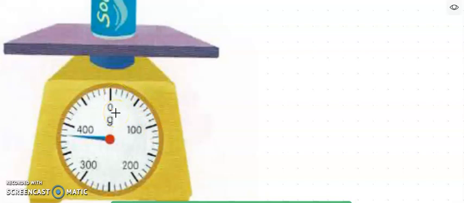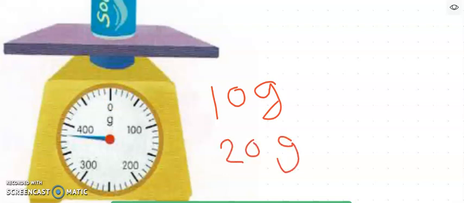Okay, so as we go from 0 to this small interval, we get 10 grams. Then if we go from this 10 grams to the next small interval, we get 20 grams, and so on. So 30, 40, 50, 60, 70, 80, 90, 100 grams.